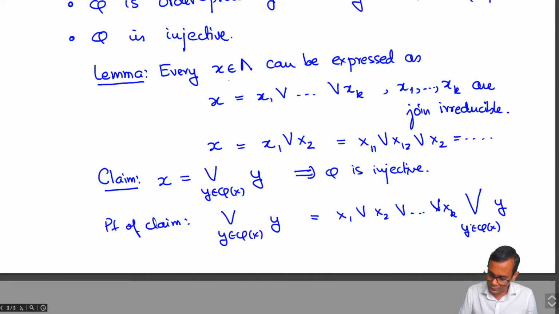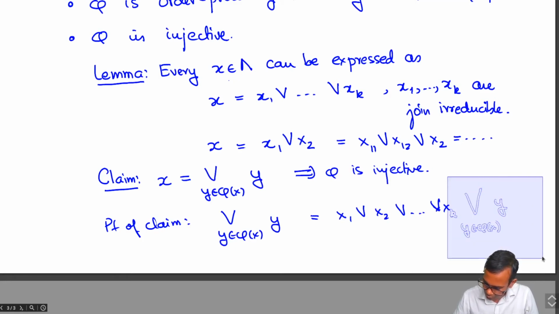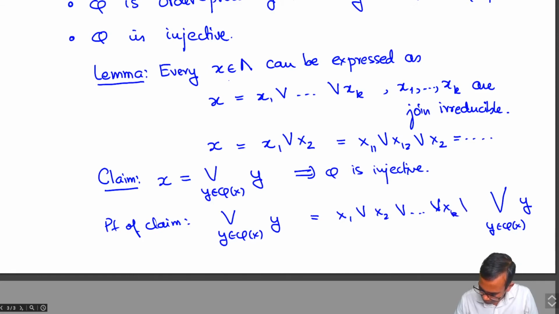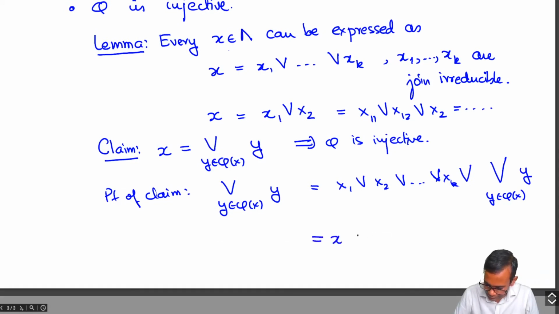So if I write an element twice in the join, it's not going to change the join. So it's x1 join x2 join ... join xk, and then the whole thing join this thing that we started off with. But now that is the same as x join the join of y in phi x of y.